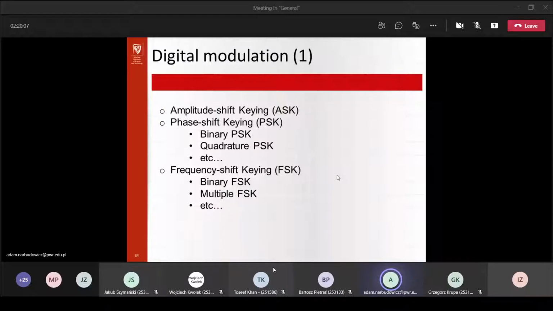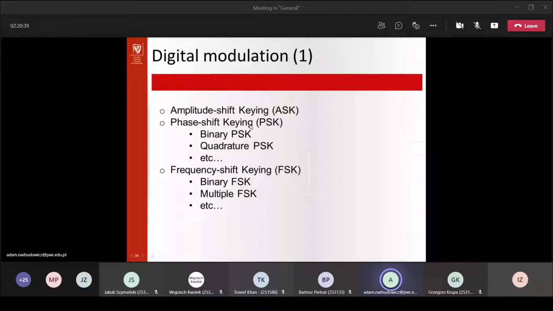So you can have 4 different levels of amplitude where each level allows you to control 2 bits. And then of course you can have 8 levels of amplitude, which allows you to encode 3 bits and so on. Similar is the case with all other modulations.